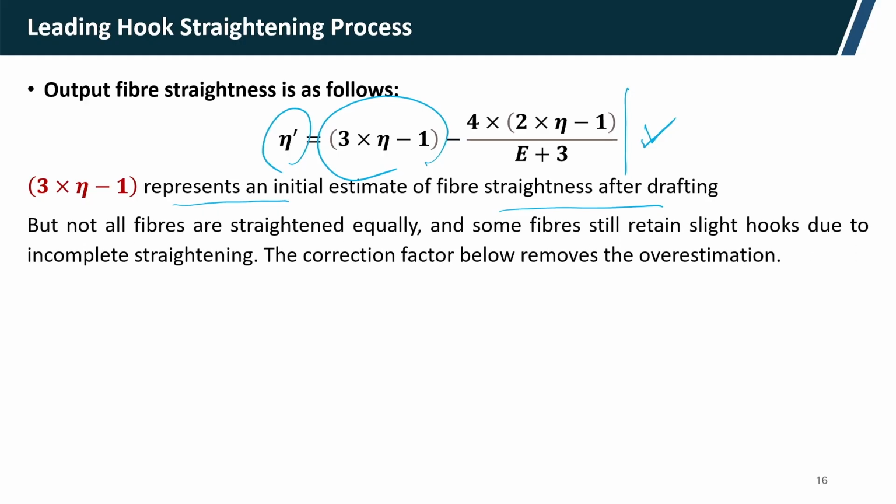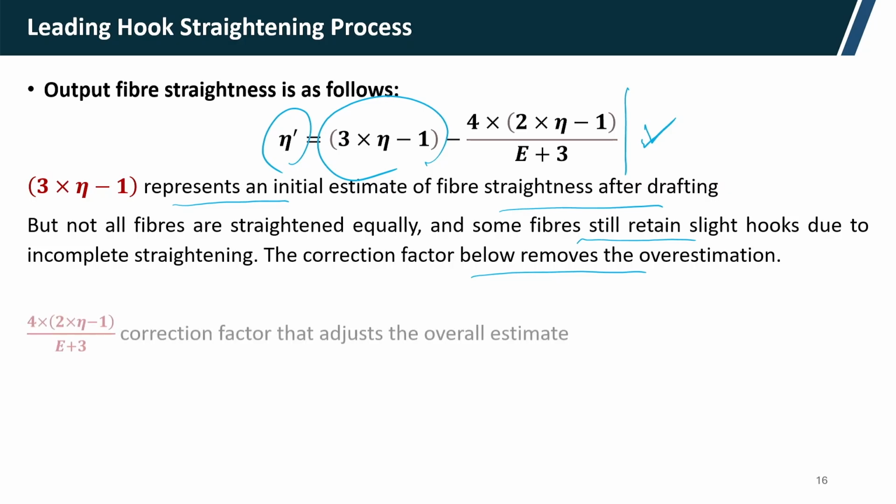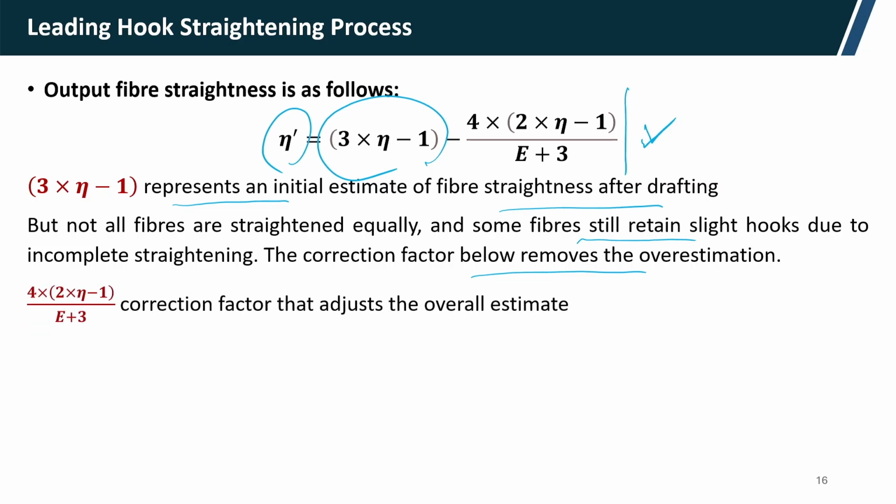But not all the fibers are straightened equally, and some fibers still retain a slight hook portion due to incomplete straightening. The correction factor below removes the overestimation. So this is the correction factor for adjustment.